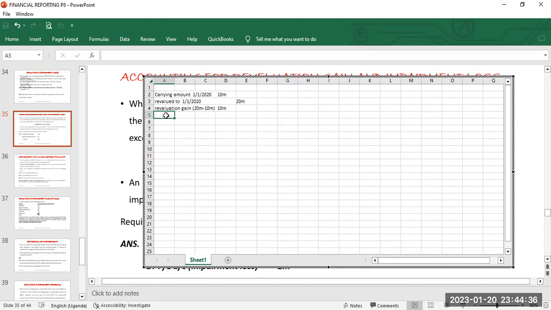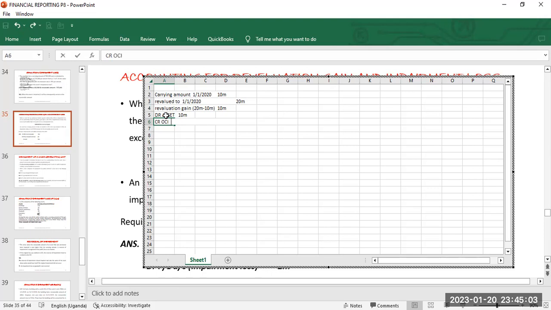Since we've got that, we said we first register this as a debit to the asset account, to show that the asset is going to be increasing in value by 10 million. Then we credit the OCI, that is other comprehensive income.